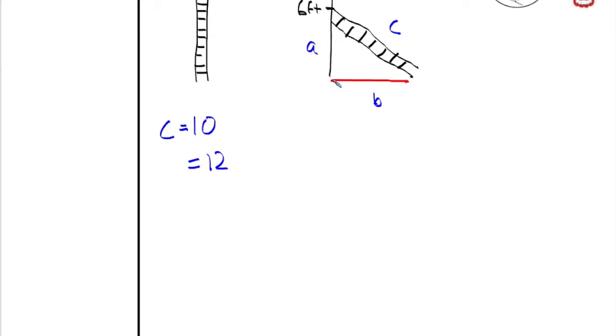B prime? No, that's not down the wall. This is away from the wall. I said A prime. Oh, you said A prime? Sorry. A prime, yes. A prime is equal to 12. Down the wall. And maybe I think here, it might be better to classify this as a negative 12 if you want to say that's going down 12.